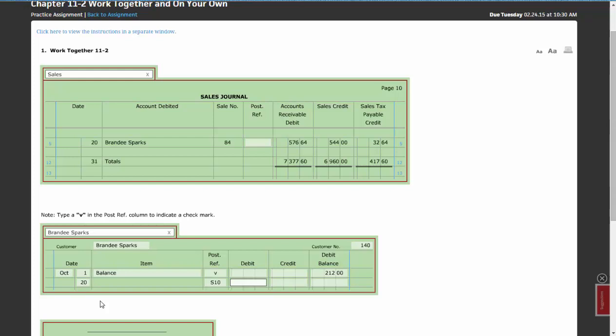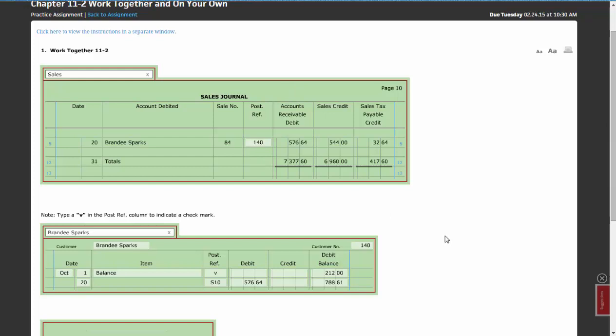And we're debiting Brandy Sparks $576.64. So do $576.64 plus $212, and that will be $788.61. The last thing that we do is we take that account number 140 and it goes back up in our post reference.